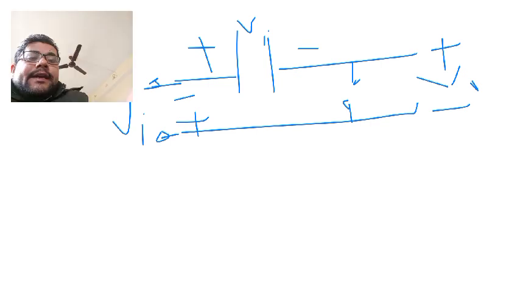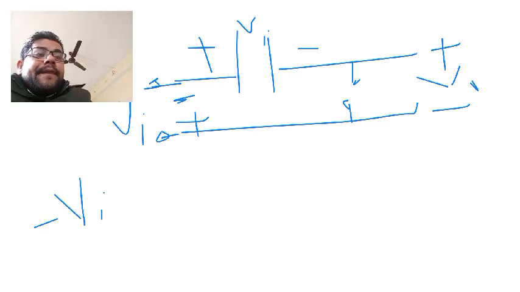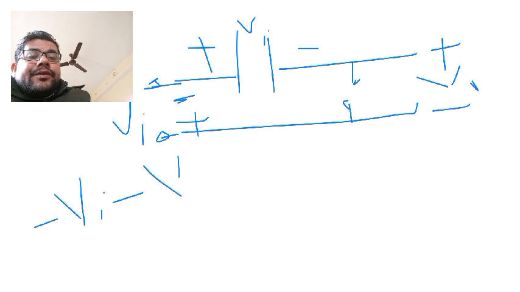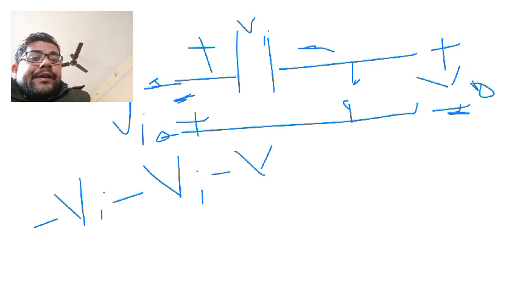Taking the last sign for each, Vi is negative, Vi is also negative, and this output V0 is also negative. Using KVL, Vi plus Vi plus output equals 0.